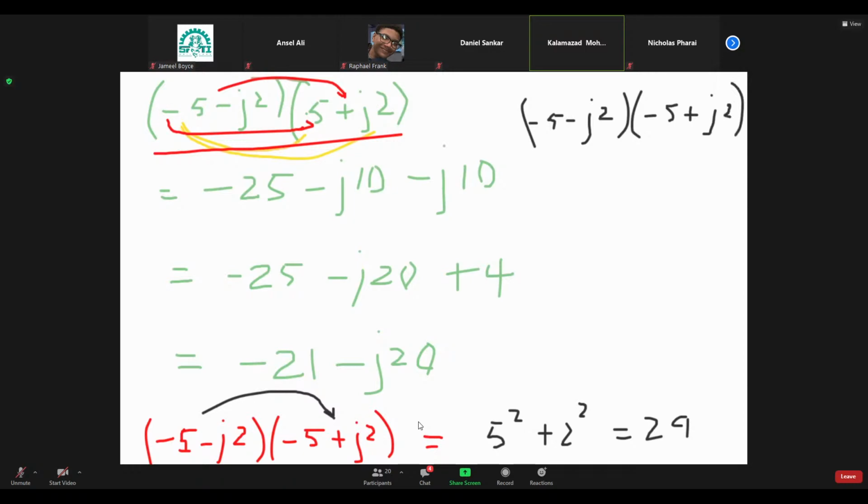So it's minus 5 by minus 5. That's going to give us minus 25.